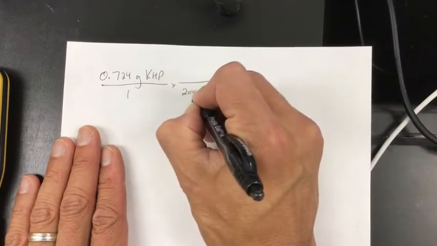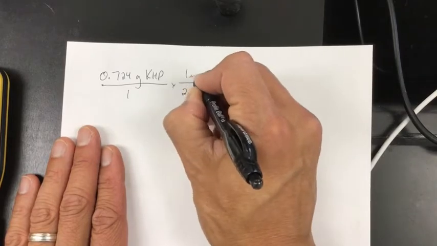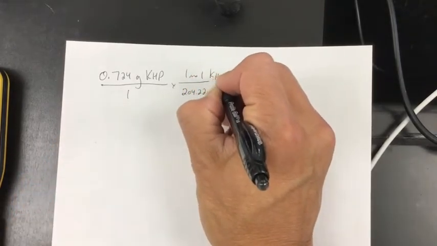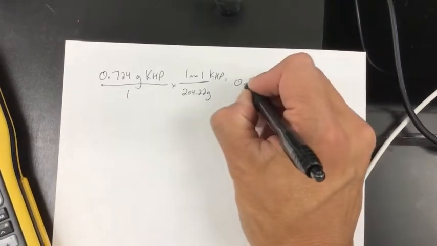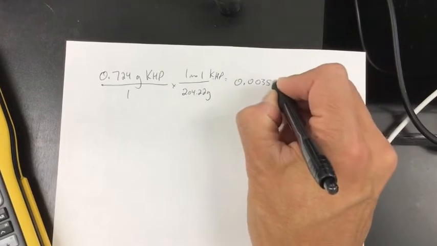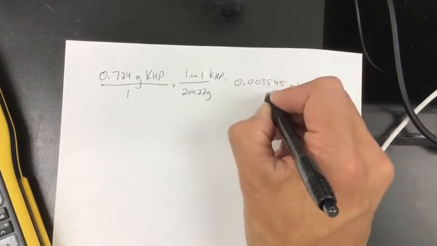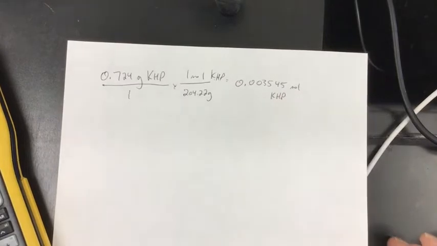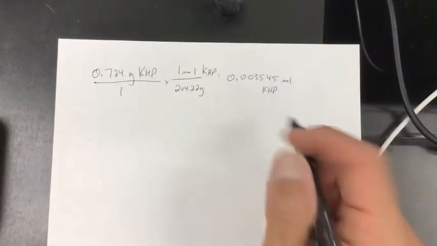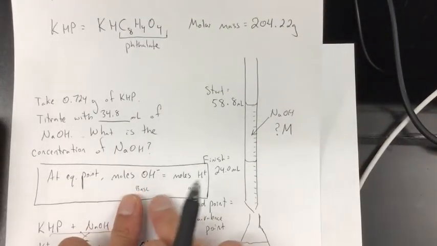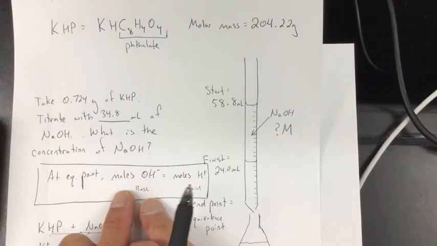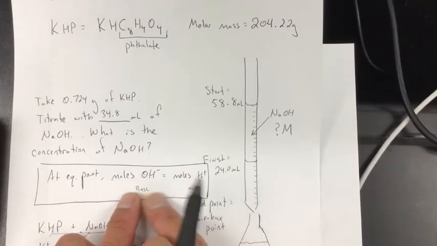So 204.22 grams, 1 mole of KHP, 0.724 by 204.22, and that gives me 0.003545 moles of KHP. Okay, remember this thing here, moles of OH equals moles of H plus, or moles of acid equals moles of base. That's what I really am going for here.